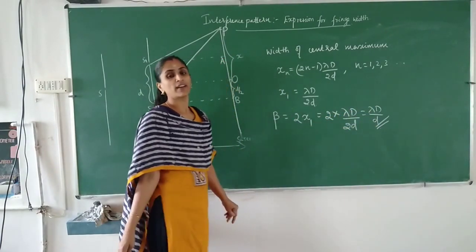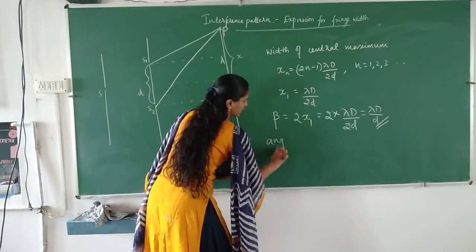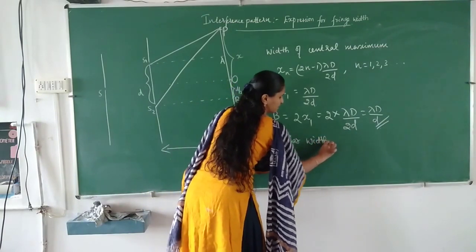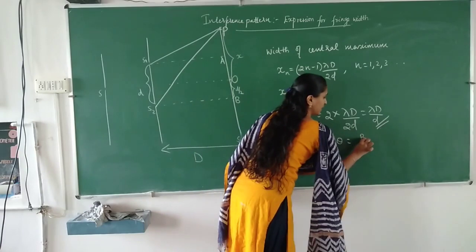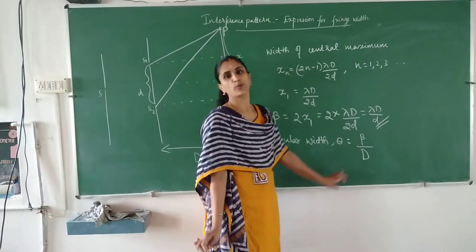Now we can find the expression for angular width. Angular width is equal to the linear width divided by the separation. Angle is equal to arc length by radius.